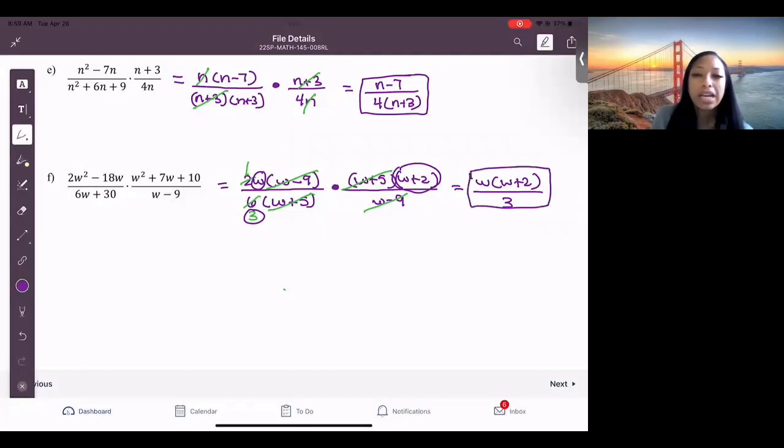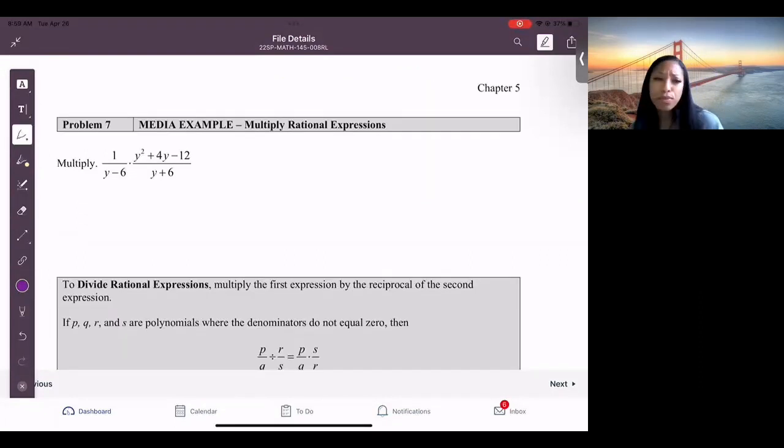All right, 1 operation down, 3 to go. This is multiplying polynomials. We also have to talk about dividing, adding, and subtracting. For problem 7, 1 over y minus 6 times y squared plus 4y minus 12 over y plus 6. All right, this first expression does not factor, so it stays the same.